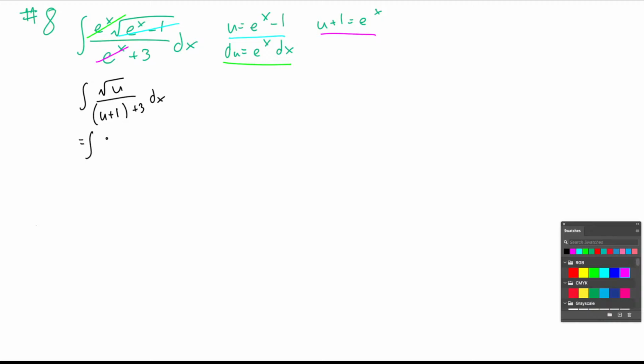This is equal to the integral of the square root of u over u plus 4 dx. Now, what can we do from here?